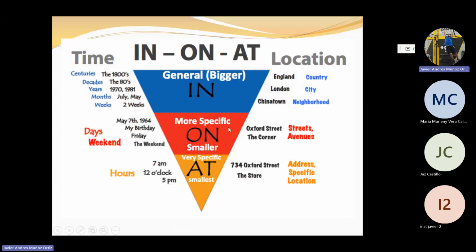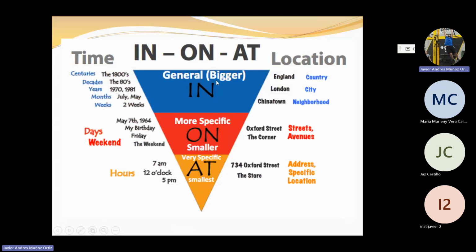We're going to use these prepositions because these are prepositions. The grammar name is preposition. We're going to use them in time and location. We're going to use in for time, and we are going to use in or at when we are talking about location.